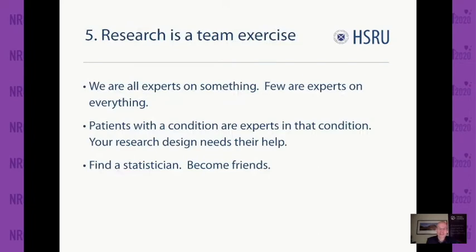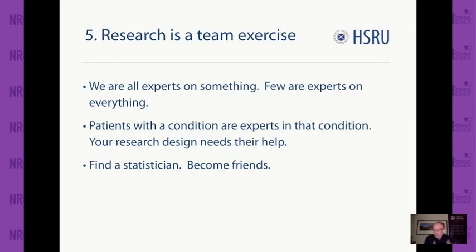Research is a team exercise. This is not something which one individual is going to do alone, or even just a couple, where we all have our own expertise, but few of us are experts in everything. And members of the public and patients with particular conditions are absolutely experts in that. We need their help. They should be there from the very beginning and throughout.